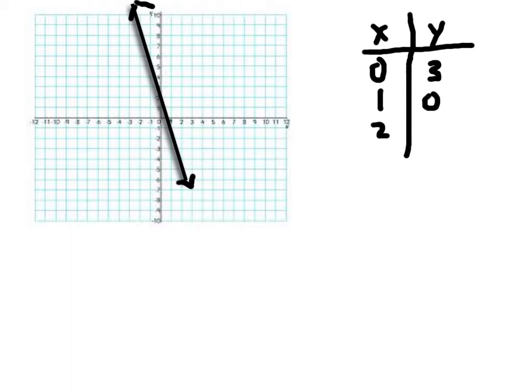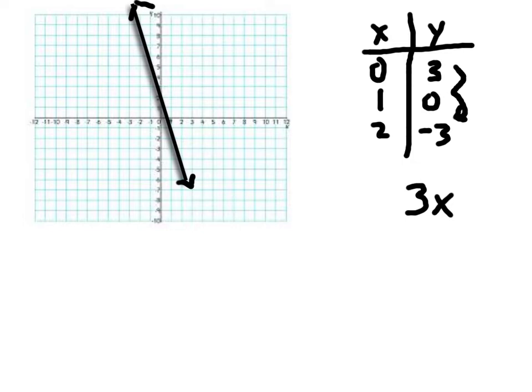And finally, when x is 2, it looks like y is negative 3. Now you'll notice that this goes from 3 to 0 to negative 3. And that means, since x is going from 0 to 1 to 2, going up by 1, that we're going to multiply x by 3.